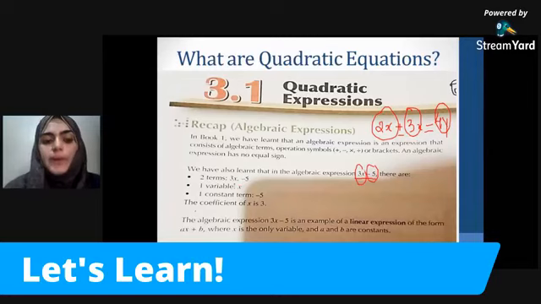So it has one variable and there is one constant term. What is the constant term?